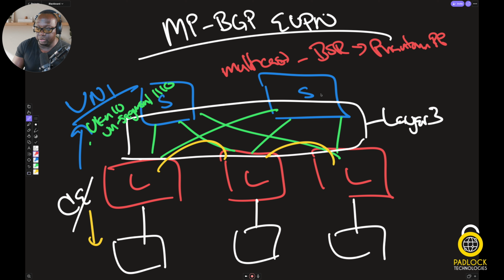So say this switch over here is a /29, and then I'll make this a /30 actually. Let's say /30 over here, and then we'll do a /28. So when I do my RP, or Phantom RP, I will pick an address that fits in both subnets.